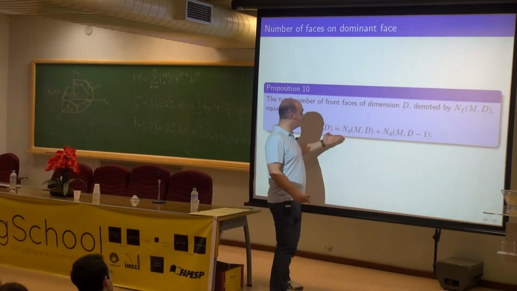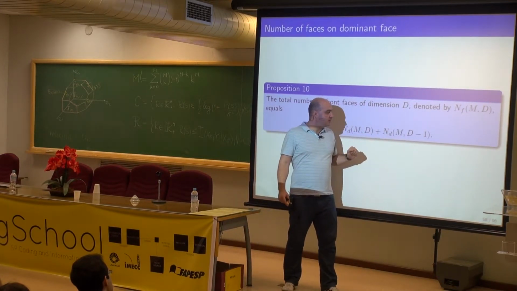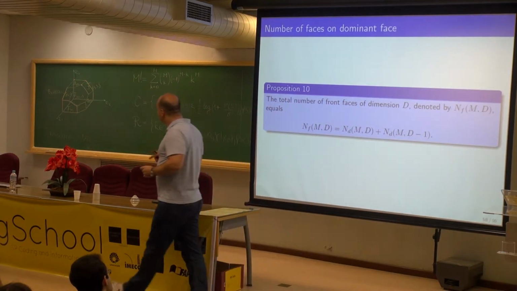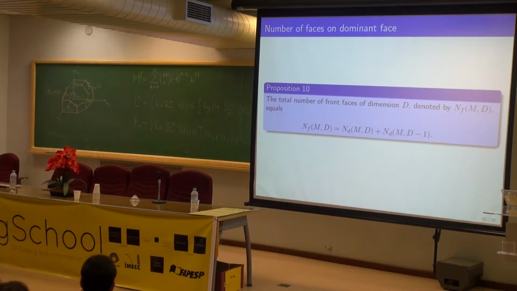It's equal to the number of faces on the dominant face plus the number of faces of lower dimension. And it's because of the fact that if you go in the back, you easily reach a dominant face of a smaller dimension.